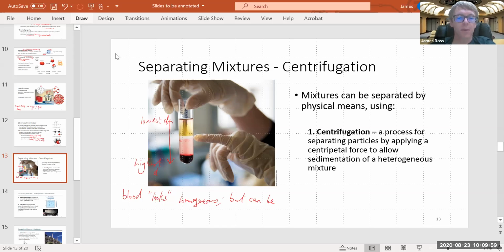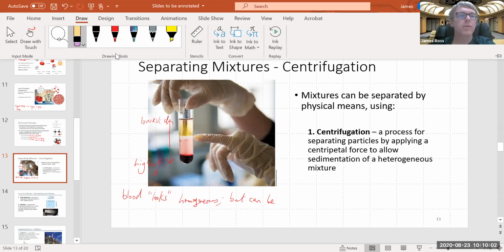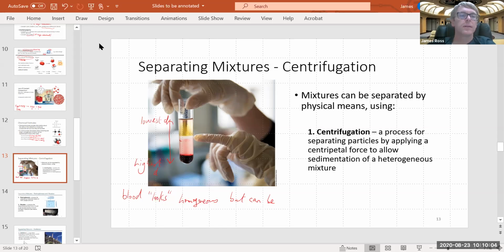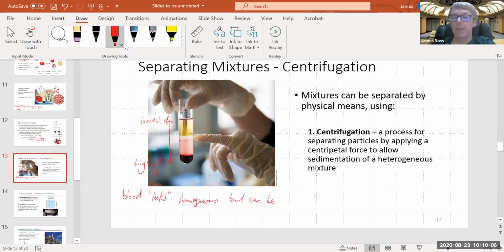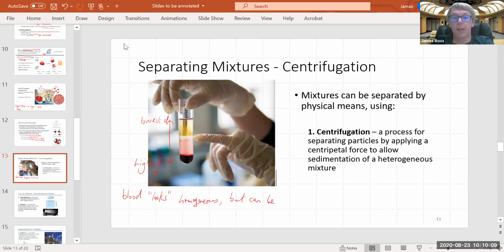Any English majors out there harshly criticizing my grammar, maybe a comma there. Now you could just leave it on the bench overnight and it would naturally separate. You can speed things up a bit by exaggerating the process and decreasing the timeline.